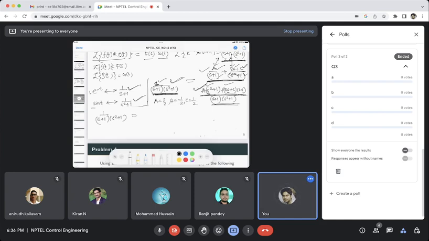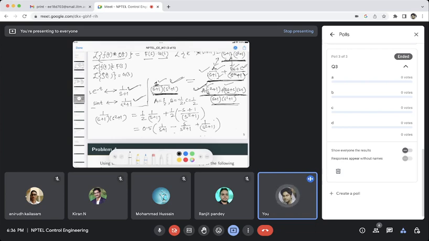So we have half times 1 by s plus 1 plus, taking half common, minus s plus 1 by s square plus 1. Again I can expand, taking half common, so it is 0.5 times 1 by s plus 1 minus s by s square plus 1 plus 1 by s square plus 1.